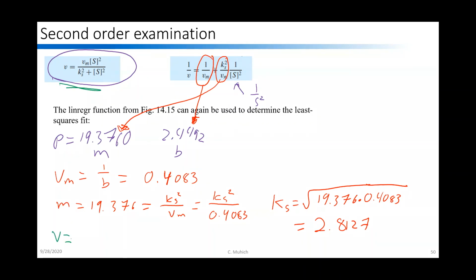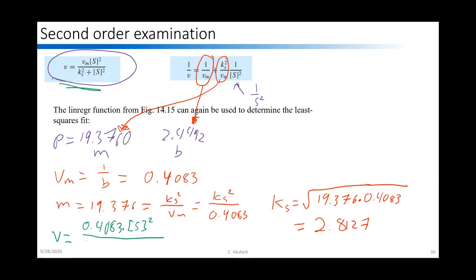So our velocity is equal to 0.4083 times the substrate concentration squared, all over Ks squared.